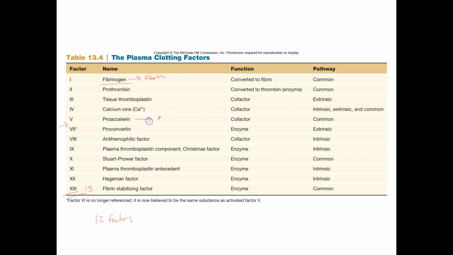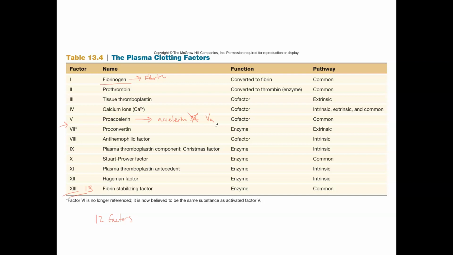So proaccelerin becomes what we call accelerin, and that's what they were originally referring to as factor 6. But since it's just the activated version of factor 5, it really should have been labeled as factor 5A. So therefore, it's not a new clotting factor. It's just the activated version of a clotting factor that was already labeled.